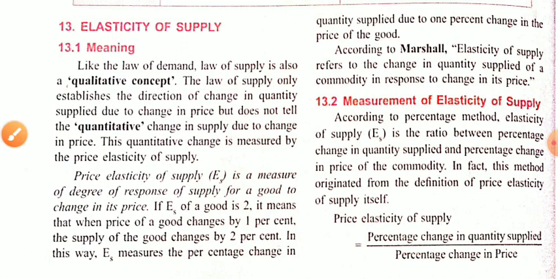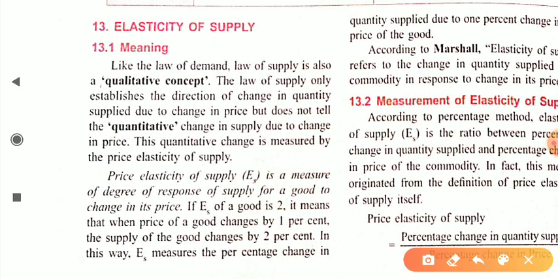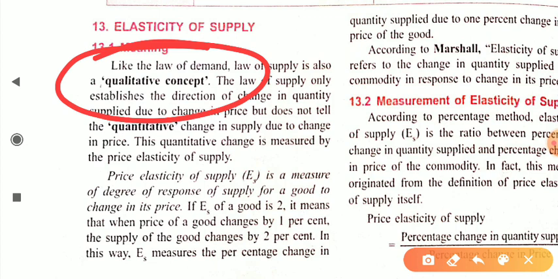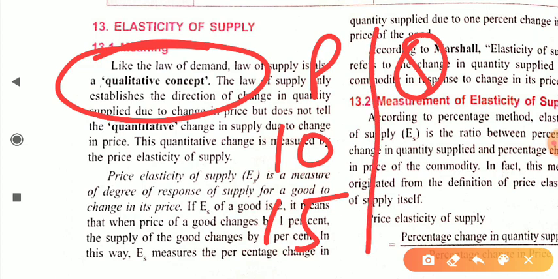But dear student, this law of supply is only a qualitative concept. It just tells us the direction of change in quantity supplied because of change in price. Suppose the price of a commodity initially is 10, then it increases from 10 to 15, and quantity supplied at rupees 10 is 100, and after the price increases it becomes 120.